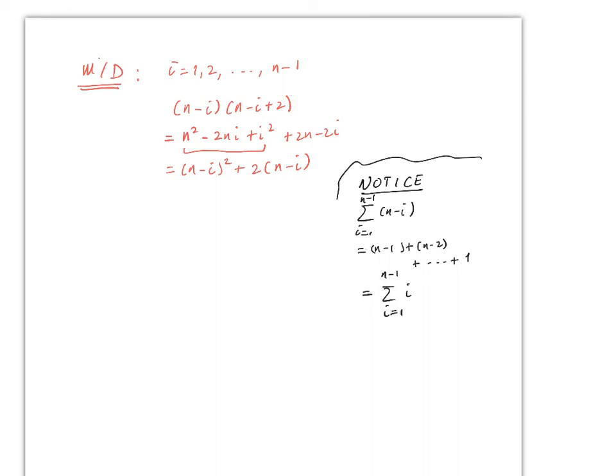Okay, so this is just algebraic manipulations to make our life easier.